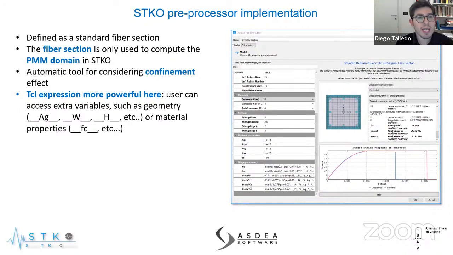Because here the users can access extra variables like the geometry variables, like the gross area, the width, the height of the section, etc., or material properties, like, for instance, the compressive strength, etc. So we can have access also to these placeholders. Those placeholders will be substituted by STKO in the moment that it's writing the Tcl files. So in the Tcl files, we will not see these sort of placeholders, of course.